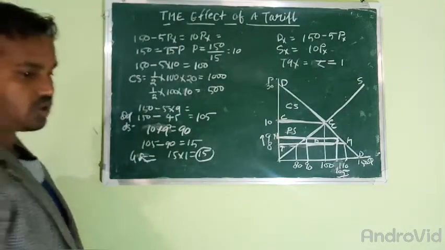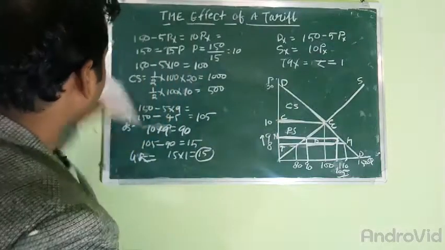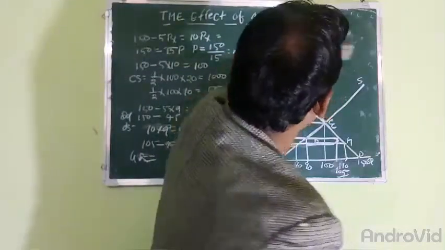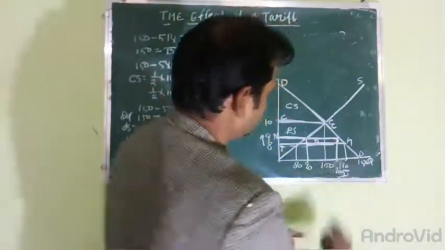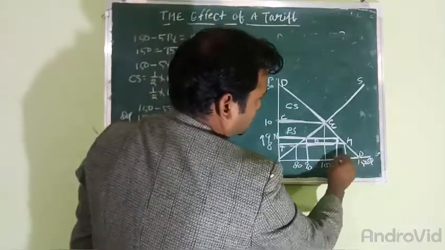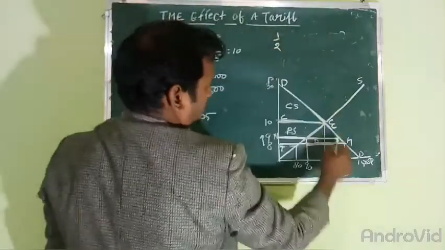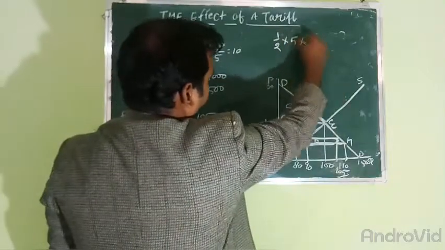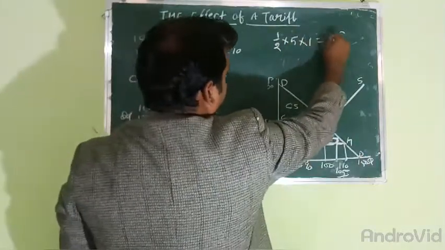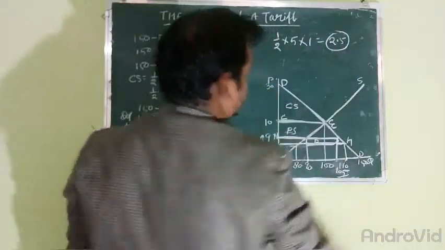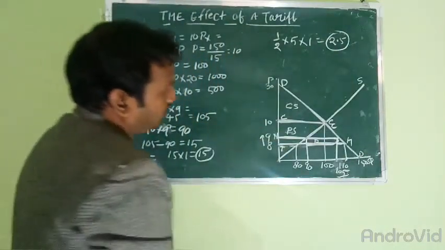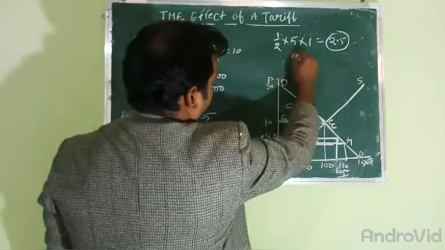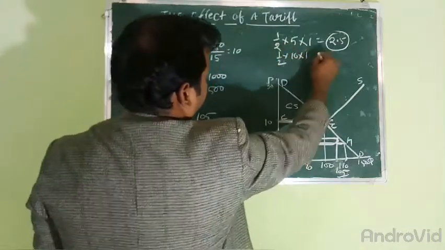Okay, how much consumer surplus loss is happening? Please note down, after tax consumer surplus. How many quantity, 105 and 5, it means 5 quantity of consumer surplus loss is happening. So 1/2, because this area is 1/2 into 5 into 1 rupee, it means 2.5 rupees consumer surplus loss, and producer surplus loss is 10 quantity, 10 into 1 into 1/2, it means 5.